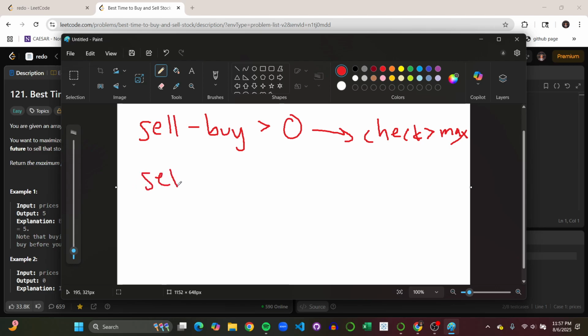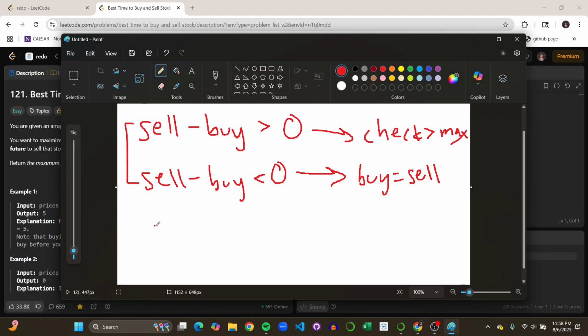Another condition would be if sell minus buy is less than 0, then you know you found a new local minimum, or a new cheapest buy. So then you want to move the buying pointer to wherever this new low point is. So then you'll say buy equals sell. And no matter what, you're checking these conditions each iteration. No matter what, you want to continue iterating every possible sell date.